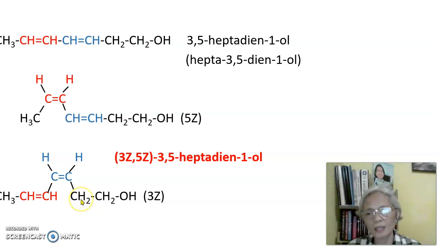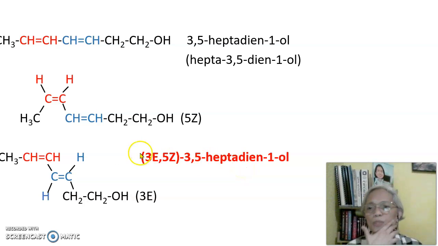Notice this group has a higher priority than H, and this group also has a higher priority than H. The two higher priority groups are on the same side, so Z again. So the name is 3Z,5Z-3,5-heptadien-1-ol. This means the double bonds at the third and fifth carbon are both Zusammen, with the priority groups on the same side. Double bonds occur at carbons 3 and 5, and OH is attached to carbon number 1.